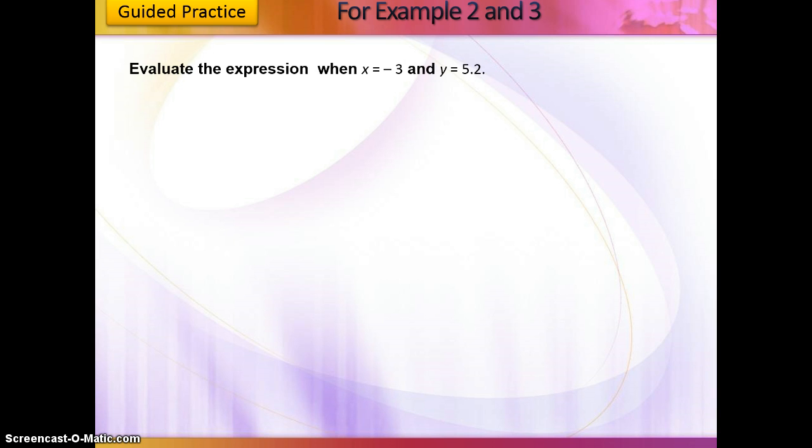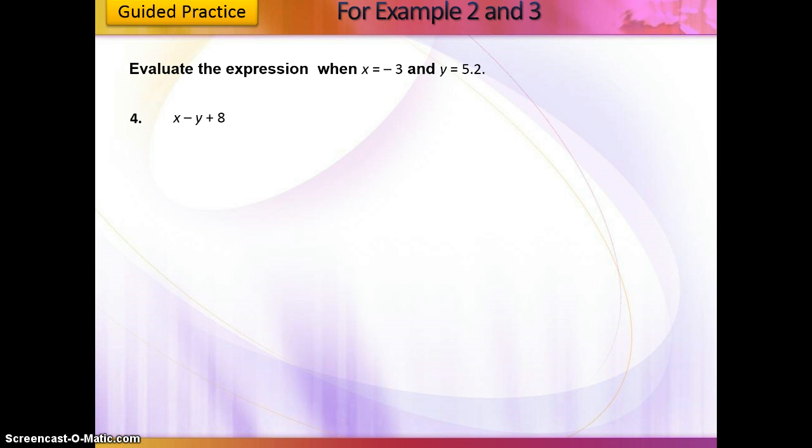Evaluate the expression when x equals negative 3 and y equals 5.2. Number 4, we have x minus y plus 8. So we will substitute negative 3 in for x and substitute 5.2 in for y.